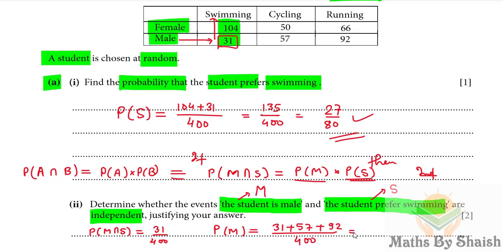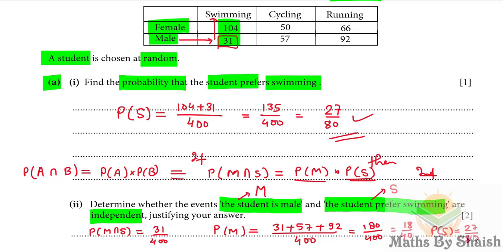This is going to be 31 plus 57 plus 92, 180 over 400, or we can write 18 over 40. And P of S, the probability that the student prefers swimming, is given from the first part as 27 over 80.